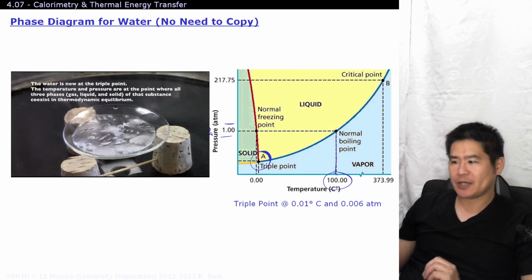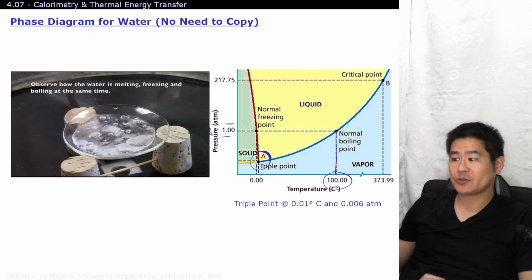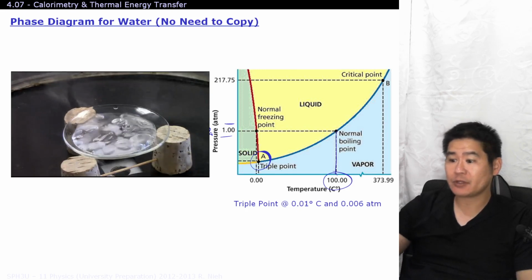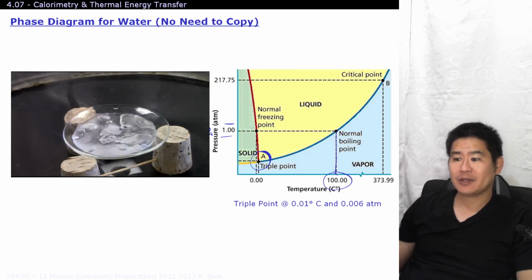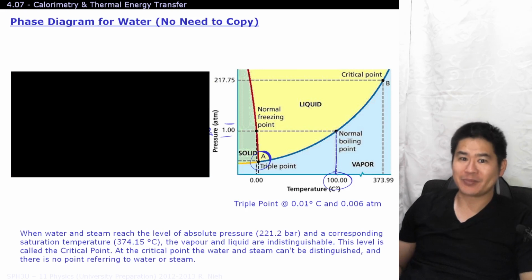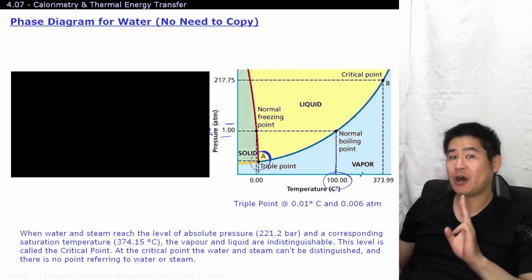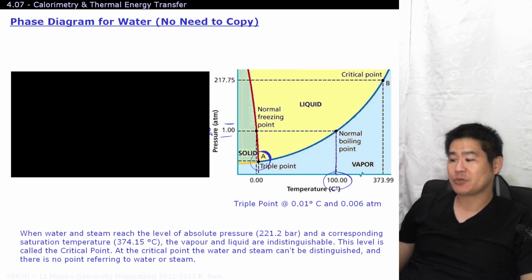And this only happens at a certain pressure and at a certain temperature. And it's known as the triple point. And that triple point can be calibrated to the nearest hundredth of a degree Celsius. There you go. I don't want a copyright strike, so I'm going to stop it right there. So yes, water can exist in 3 states all at once, at a particular temperature and at a particular pressure.